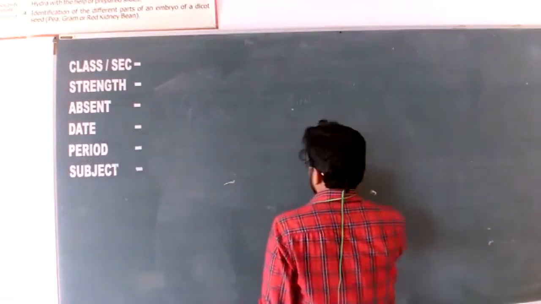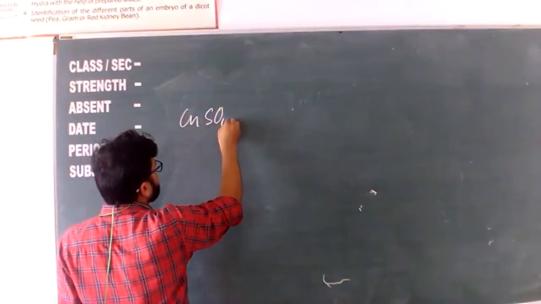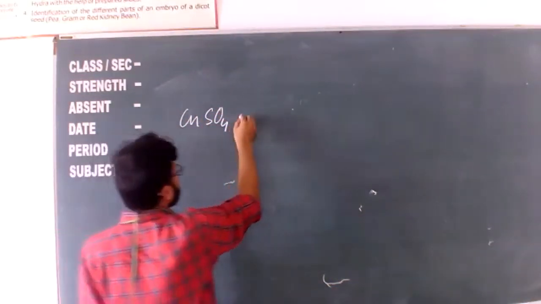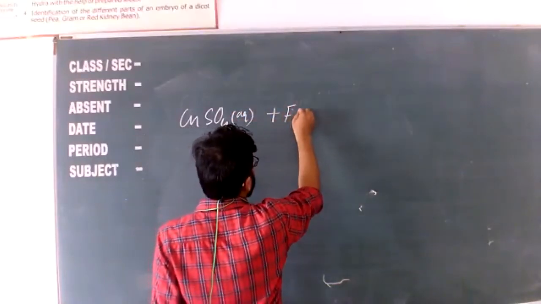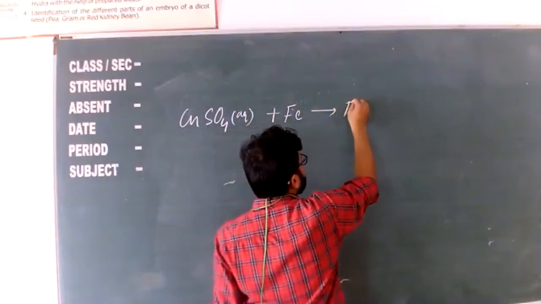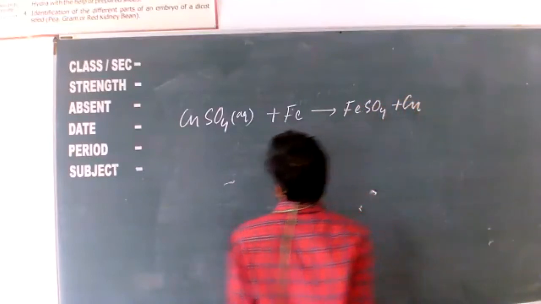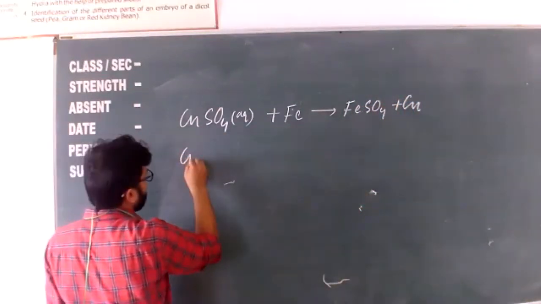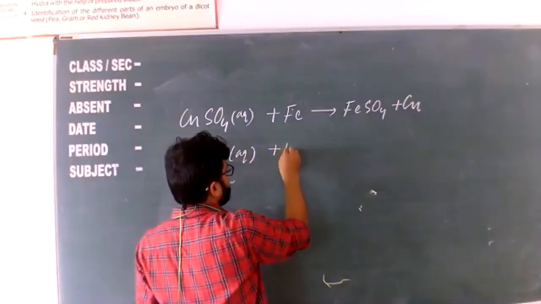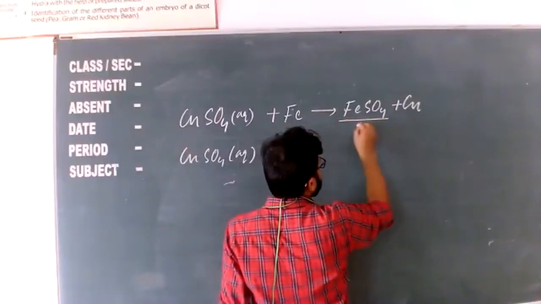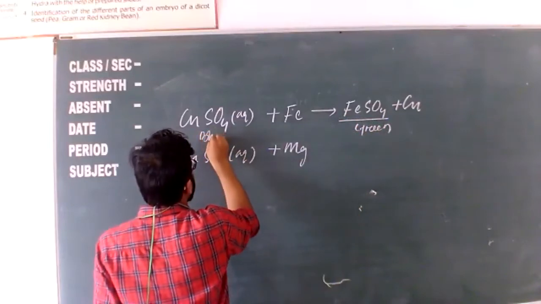Next experiment that we performed: an aqueous solution of copper sulfate plus iron, Fe, gives us FeSO4 plus Cu. Similarly, if I take aqueous copper sulfate with magnesium, here this is green, here it is blue.